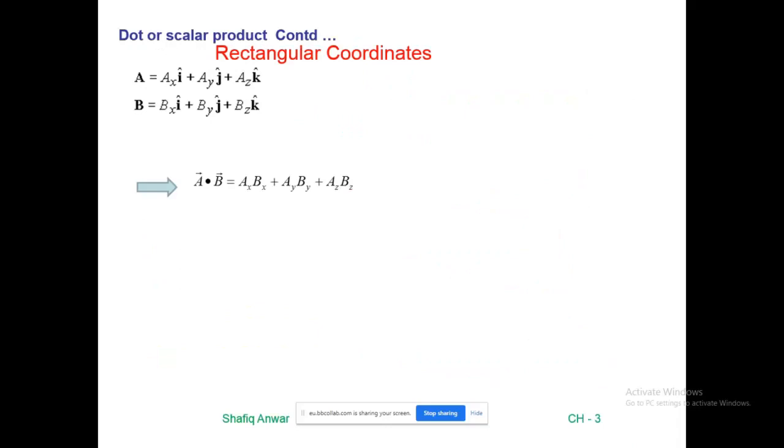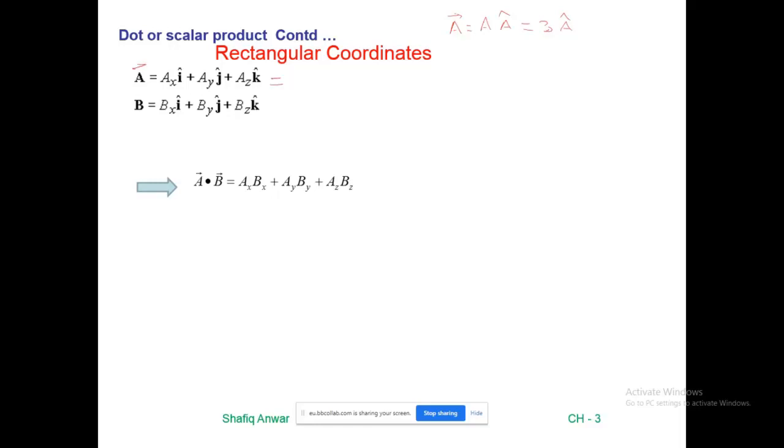Right. In general, if we are using the rule that I just discussed with you, if you have any vector, this is ax. For example, if you have magnitude 3 in the direction of a vector like this one, now we are using the unit vectors i, j, k along x, y, z axes.